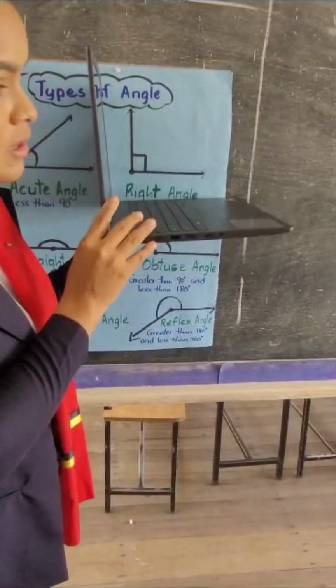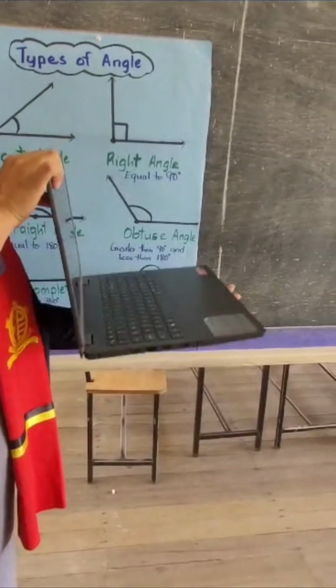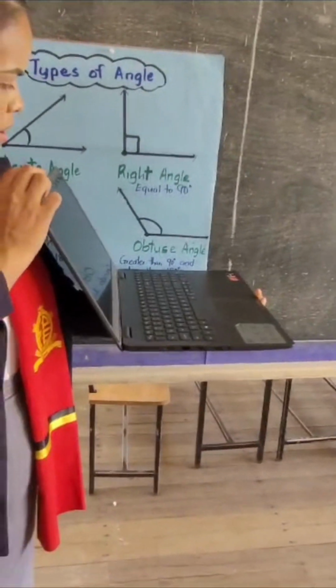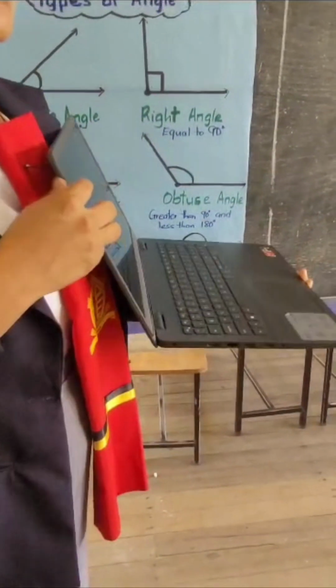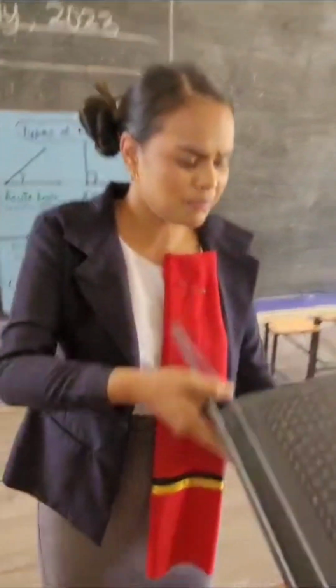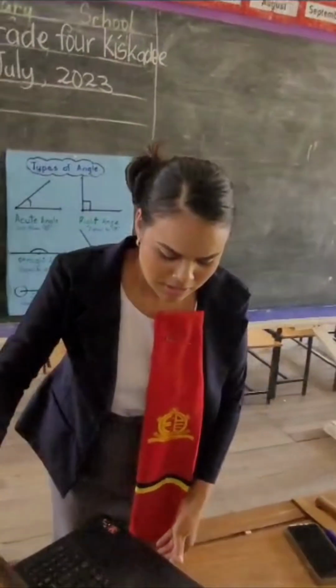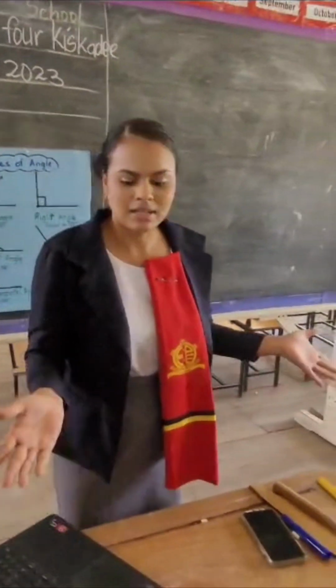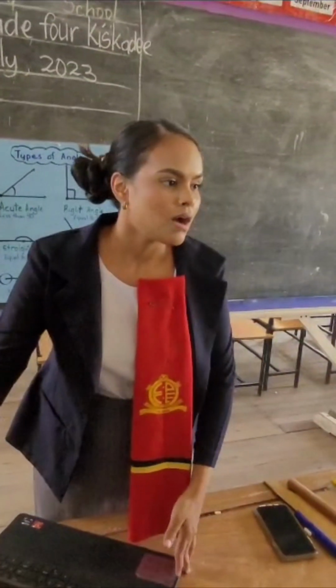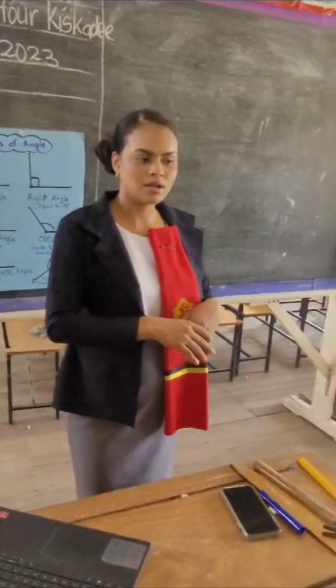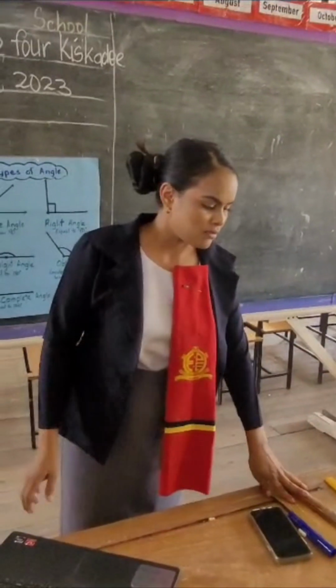But we're not talking about that. We're talking about the obtuse angle. See? The shape? Exactly. So these are some examples of things that we use in our everyday lives, and they relate to angles. Good. So that is the end of our lesson.